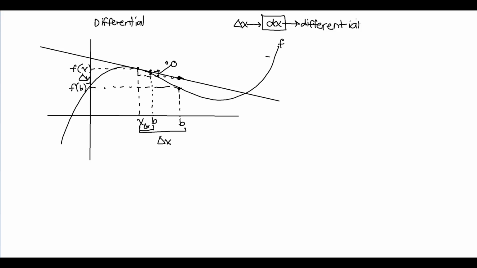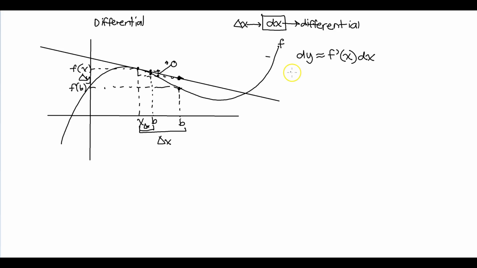Okay, and just based on the tangent line approximation, a change in y, the differential of y, this tiny change in y, you can approximate it, is equal to f prime of x, where x is our given value, times dx.